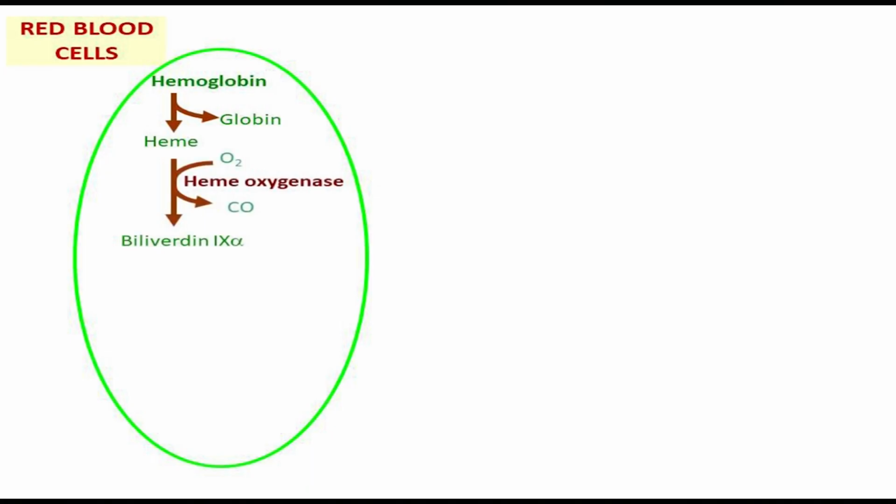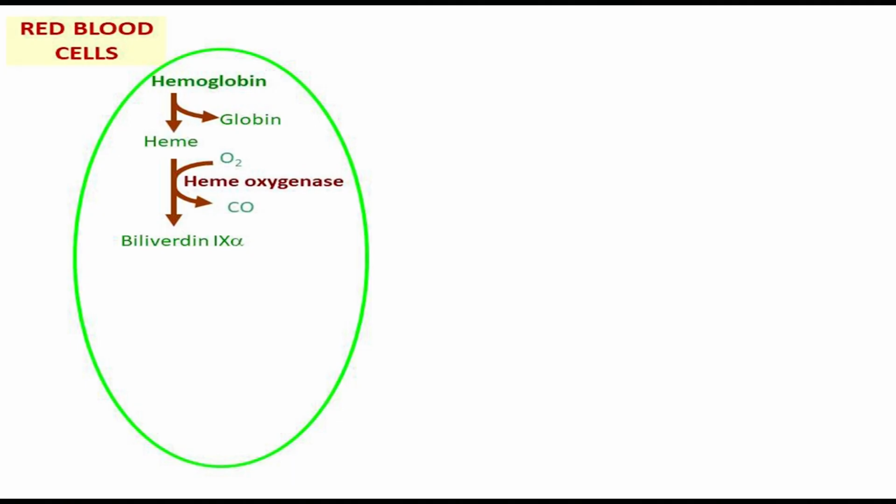So, if you look carefully, the red blood cell, which is basically the hemoglobin, after removal of the protein chain globin, this heme unit undergoes cleavage by heme oxygenase with the help of oxygen and NADPH, which eventually liberates carbon monoxide, which is supposed to be highly poisonous, but a small amount of carbon monoxide is highly beneficial for our body.